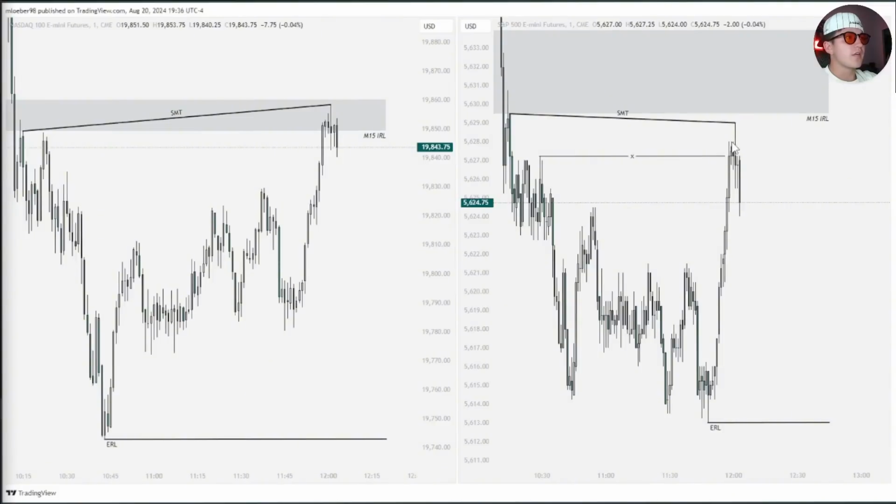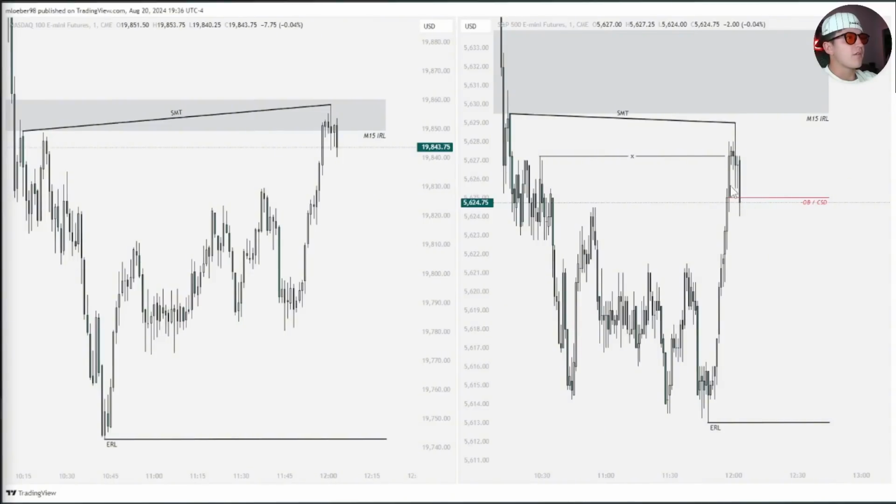Even though we did run a little bit higher, we still stayed below the M15 internal range liquidity pool, and we're still creating a change in state of delivery and creating an order block closing below this exact candle. So that is identifying the first initial potential move for us to take a short entry to that M15 external range liquidity pool.